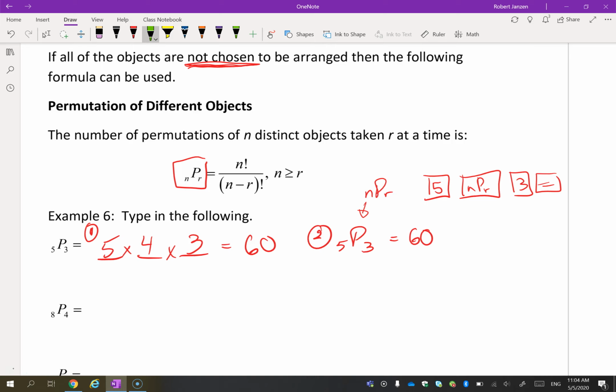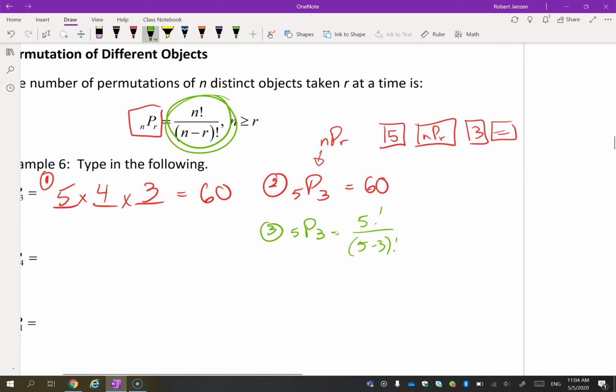That's the third way to do it. The fourth way to do it is to actually use the formula. Sorry, the third way, not the fourth way. The third way. Okay, so if we have 5P3, this means 5 factorial over 5 minus 3 factorial. Okay, and you should be able to do all three methods. If you get the calculator, you use this method. If you don't get the calculator, we're going to use this method.